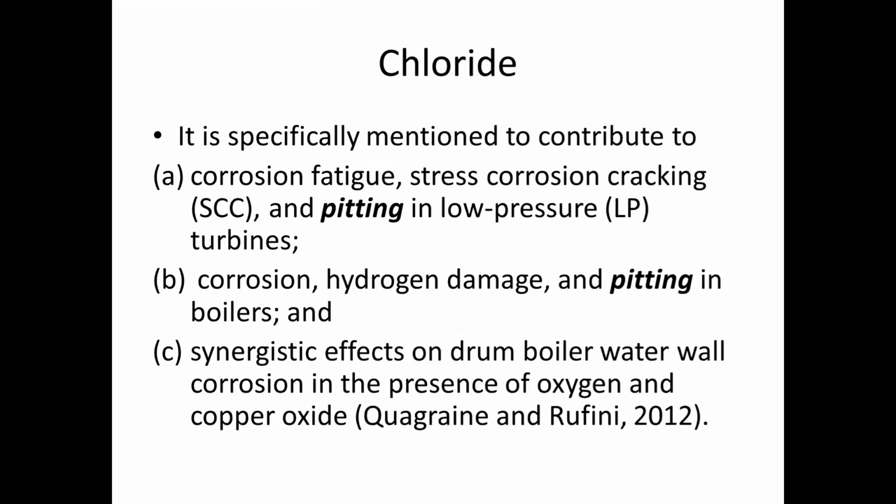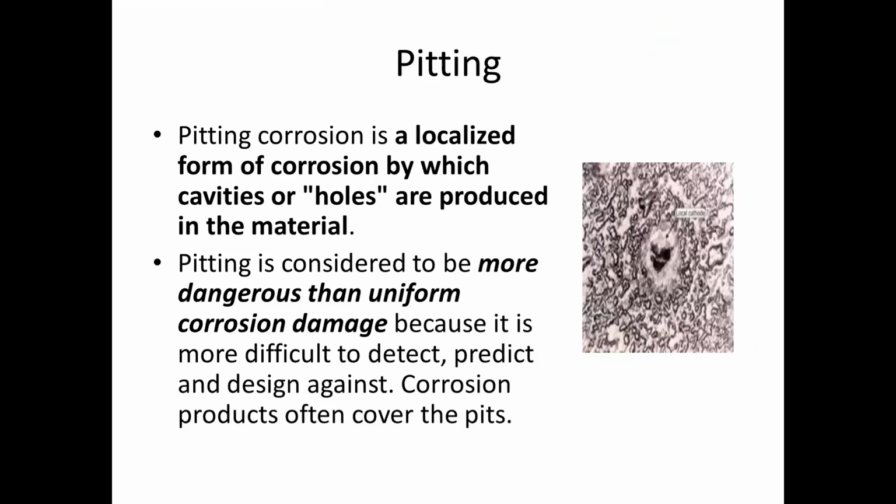It is specifically mentioned to contribute to corrosion fatigue. There are cracks, there is corrosion. Stress corrosion cracking, a small crack that spreads, and pitting in low pressure turbines. Pitting corrosion is what makes our boilers rough and pitted.